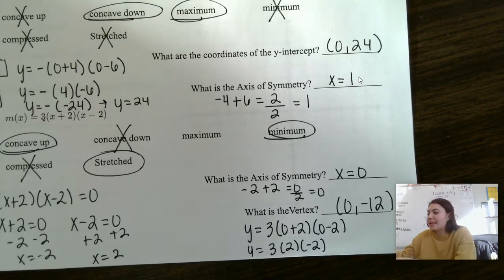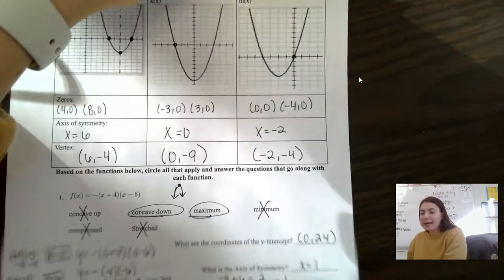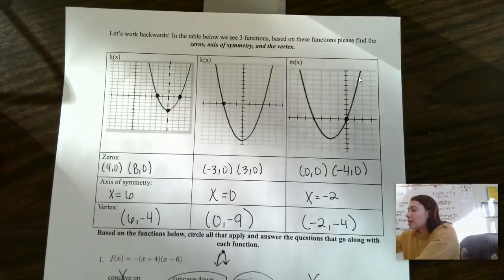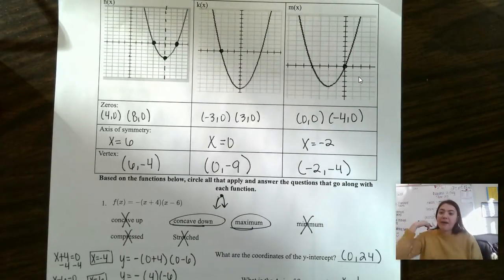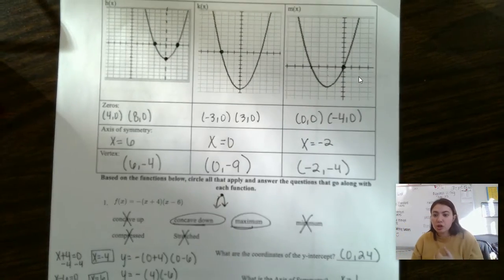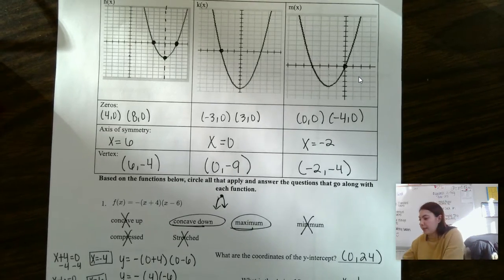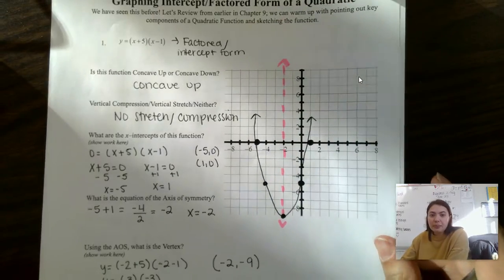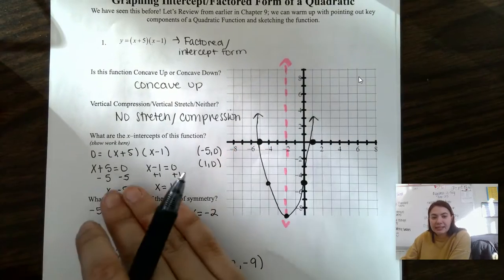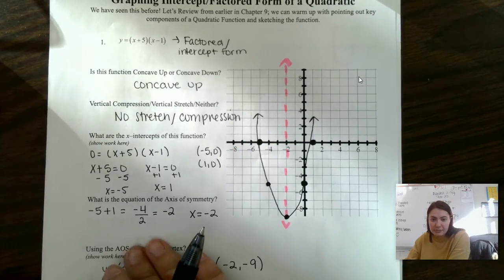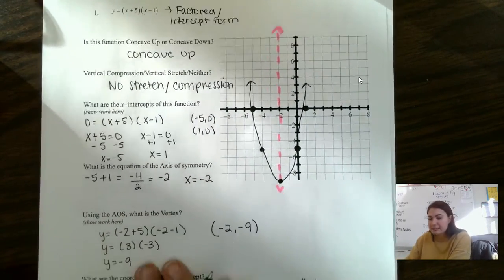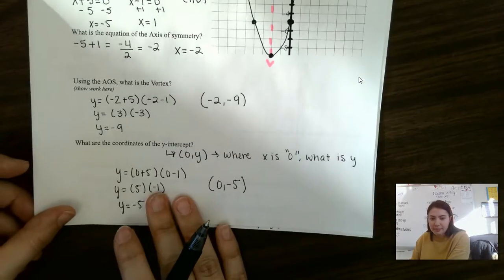Now, for the remaining time in class before you guys go ahead and start your homework, we just did a quick run through of everything pertaining to being given an equation in intercept form, like we did on this first page, being able to graph it, finding its x-intercepts, finding the axis of symmetry, finding the vertex, finding the y-intercept.